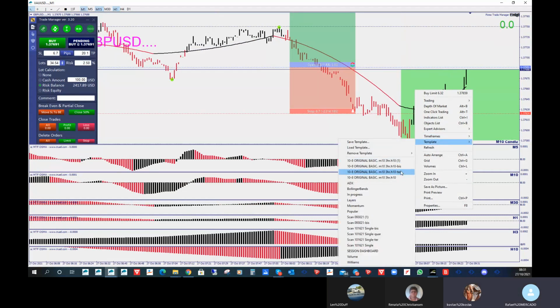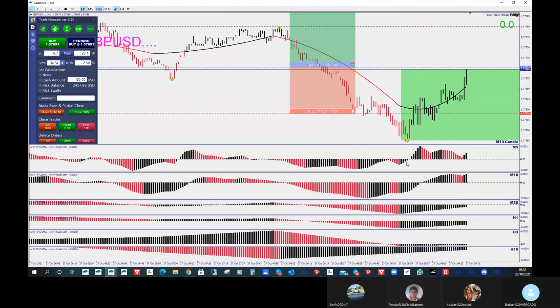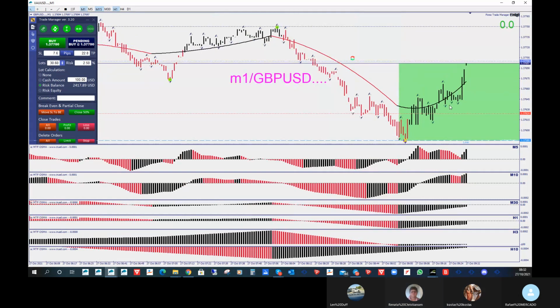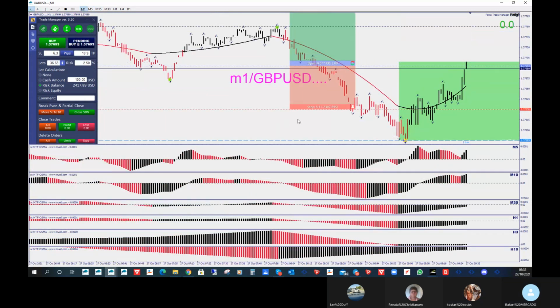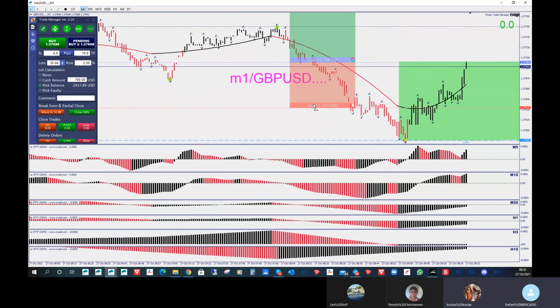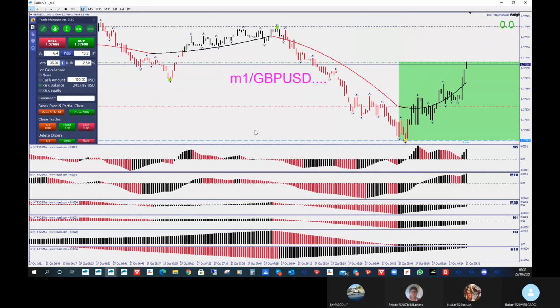Template. Everything good. 6 pips stop loss. Okay, I'm buying.